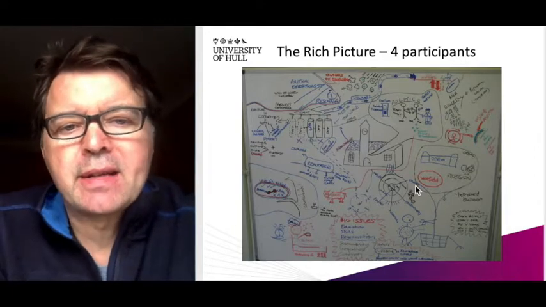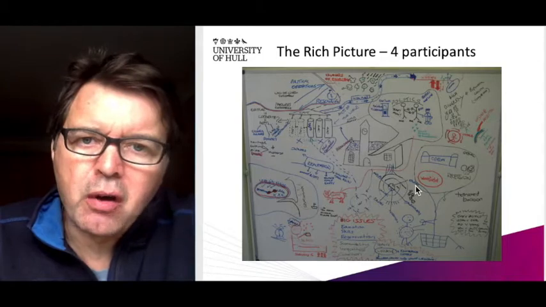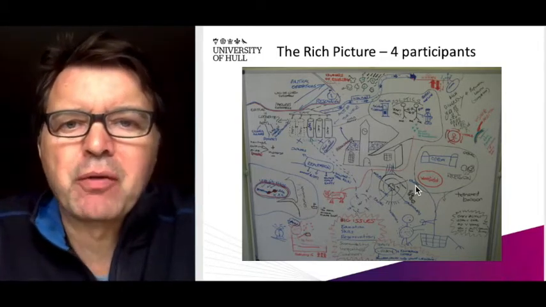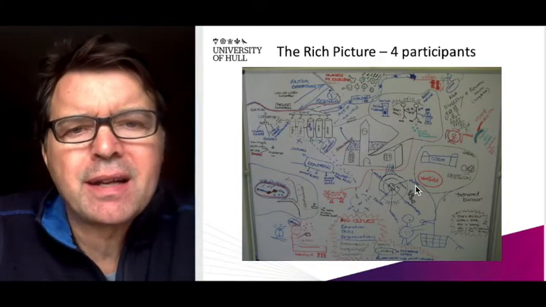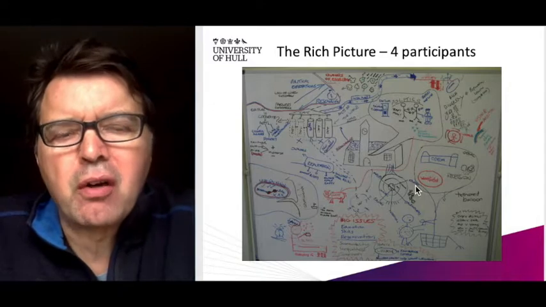So I tend to put the organization in the center with the customers on the right or the left, and then try and represent the nature of that relationship, and also try and say something fairly basic about the population of customers.